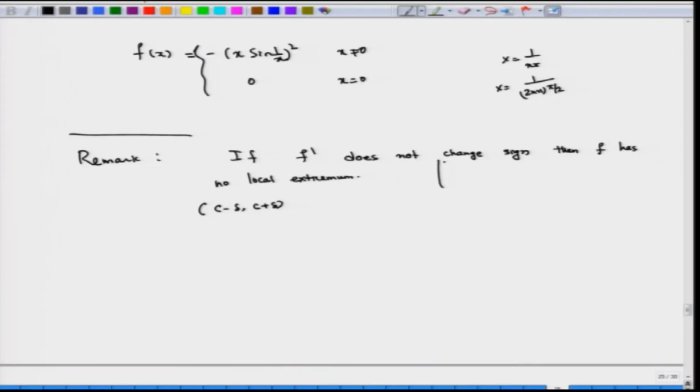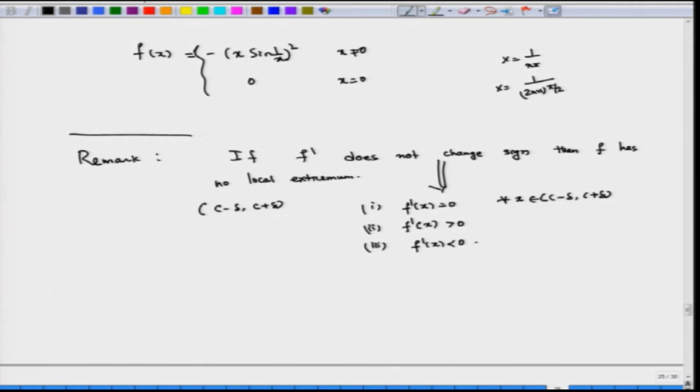So there are three possibilities: f prime of x is equal to 0 for all x belonging to this interval c minus delta to c plus delta, or f prime of x is strictly positive, or on this interval f prime of x is strictly negative.